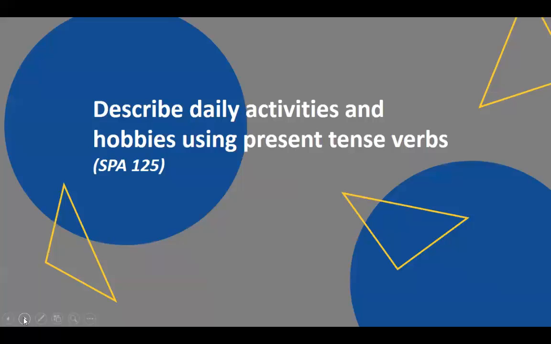So we're going to take a minute and we're going to talk about that verb. So what is the verb? Describe. All right. Give me some synonyms for that word. Explain. Articulate.